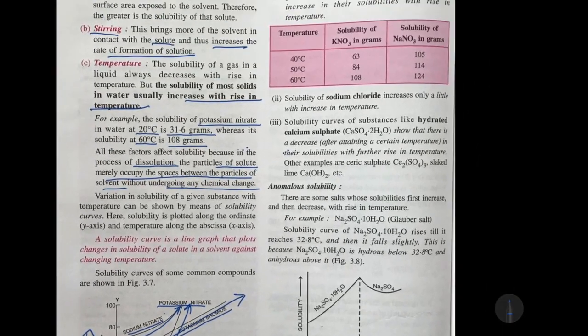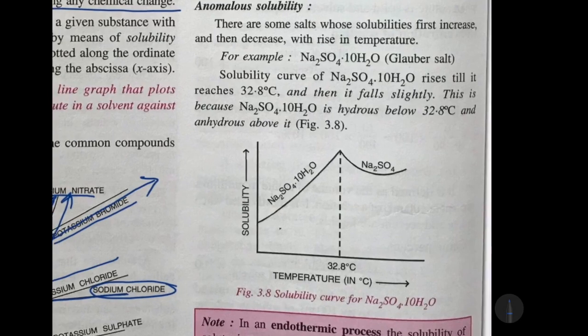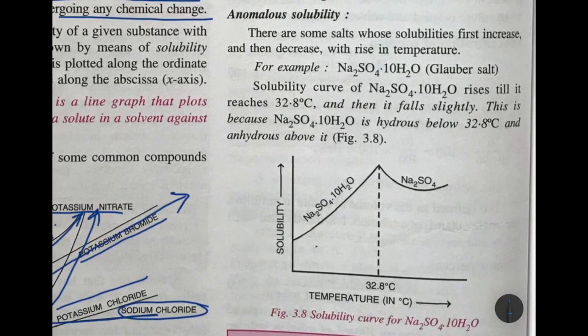Now we move on to anomalous solubility. Anomalous solubility means something which you cannot explain. There are some salts whose solubilities first increase and then decrease with rise in temperature. An example is Glauber salt. Remember what Glauber salt is? It is hydrated sodium sulfate, okay.